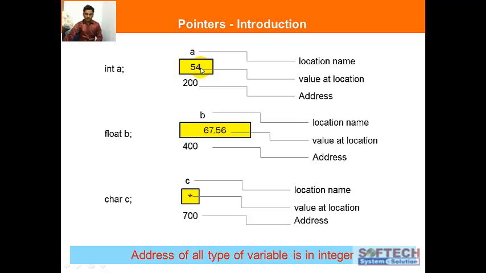So this is a declaration. At the time of compilation and program execution, the compiler requires 2 bytes from the operating system, because the operating system is the whole controller of memory.